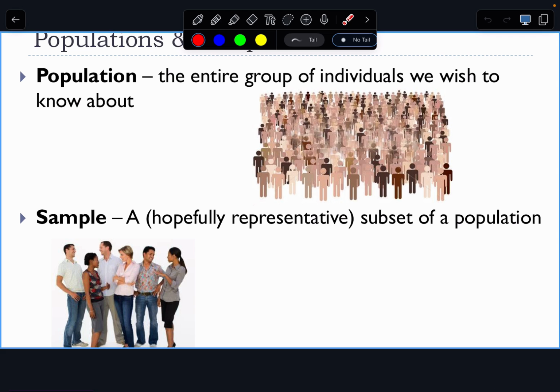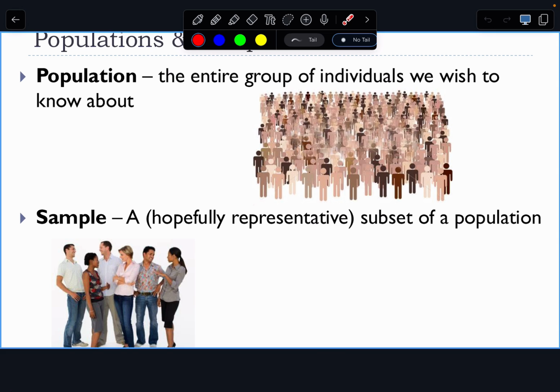So a sample is what we're going to collect our data from. So we're going to talk about, like I said, different sampling methods that help us achieve a representative sample. The individuals that I select should more or less be the same makeup as the entire population of interest. That's going to be the goal.